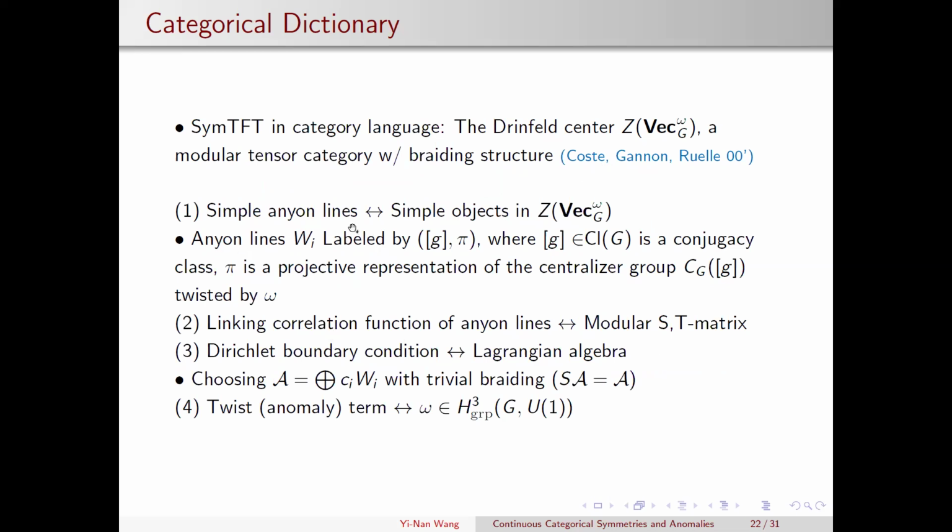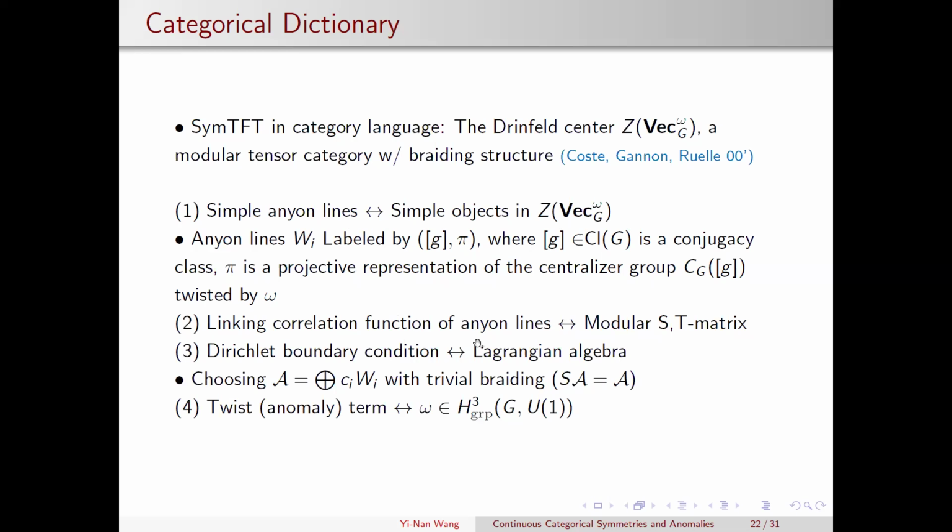For instance, the simple anyon lines in the SymTFT correspond to the simple objects in the Drinfeld center, and they are labeled by a pair ([g], π), where [g] is a conjugacy class, and π is a projective representation of the centralizer group of g, twisted by the anomaly ω.